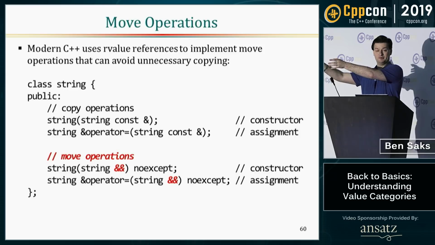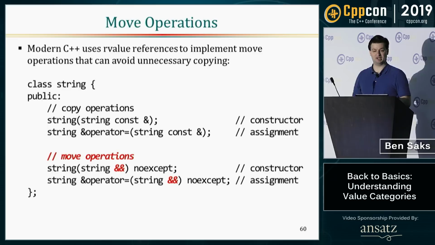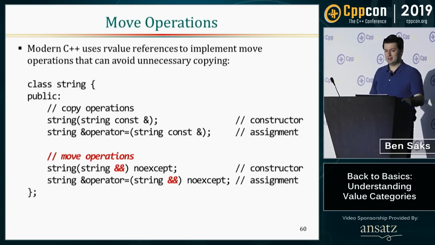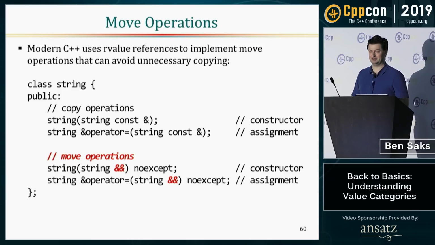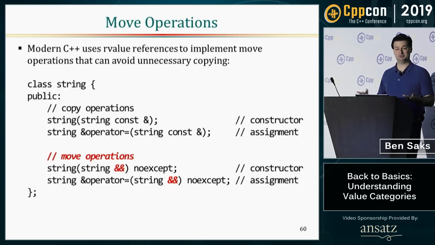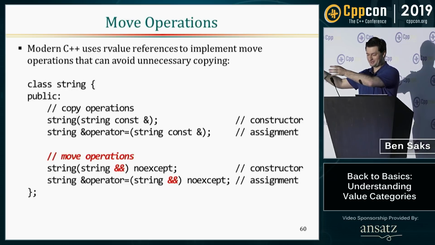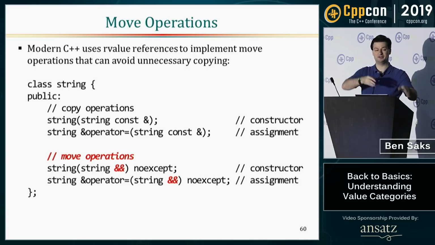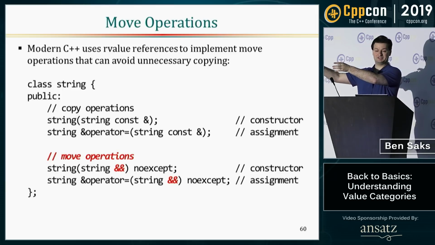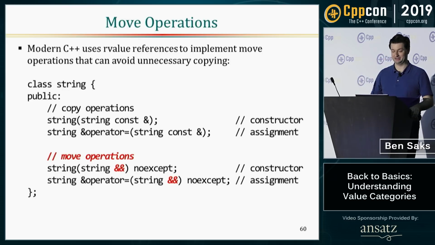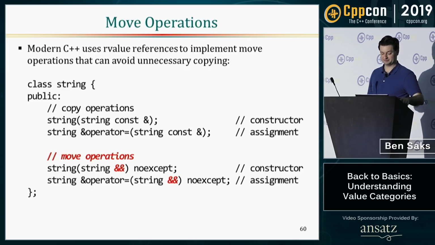If we need to preserve the value in the original object, then we need to make a complete copy of that object into the new object. But if we don't care about preserving the value of the original object, for example, if it's only a temporary object like an R value, then we might be able to implement the transfer of value more efficiently by moving that value, just stealing the contents of the thing that we're assigning from and placing them in the thing that we're assigning to. That's a move operation.